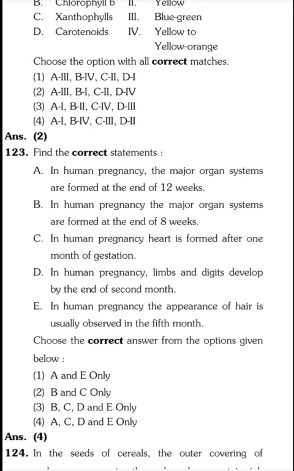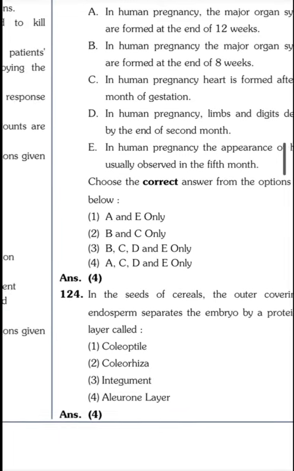This is also correct. The heart is formed immediately after the first month of pregnancy. In human pregnancy, limbs and digits develop by the end of the second month. This is also correct. In human pregnancy, the appearance of hair is usually observed in the 5th month. So this is also correct. So A, C, D and E are correct statements.